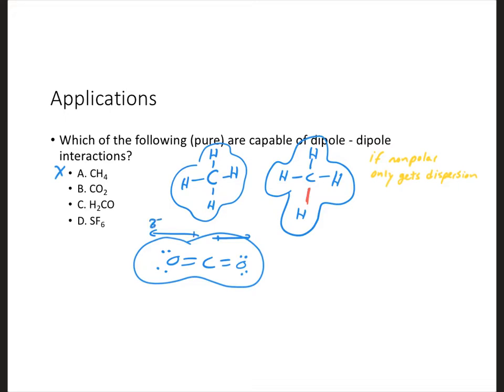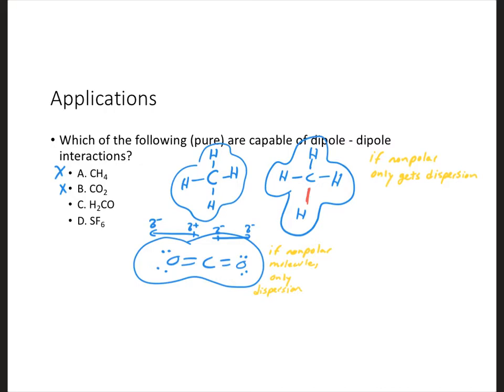We're going to have a partial negative and a partial positive, a partial negative and a partial positive. So those bonds are polar, but is this a polar molecule? It's not a polar molecule because the dipoles are pointing in equal and opposite directions, so they cancel out. So if this is a nonpolar molecule, we cannot have dipole-dipole interactions.